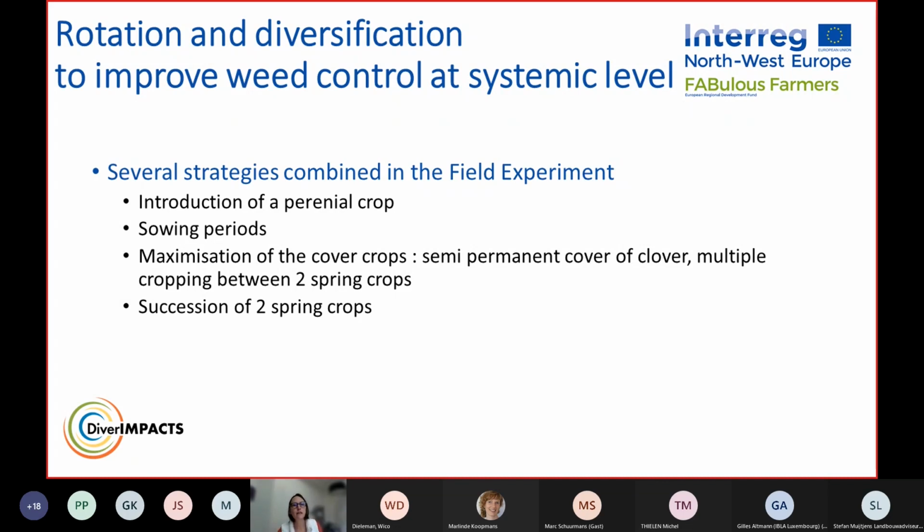At the rotation level, it's the introduction of a perennial crop, the different sowing periods of the different crops, with autumn sowing, winter sowing, and spring sowing, and the maximization of the cover with a semi-permanent cover of clover and multiple cropping between 2 spring crops, and also the succession of 2 spring crops. Those are the different strategies in the rotation.